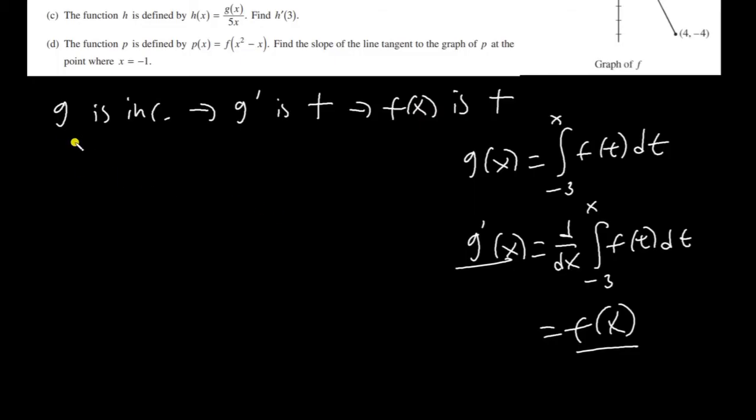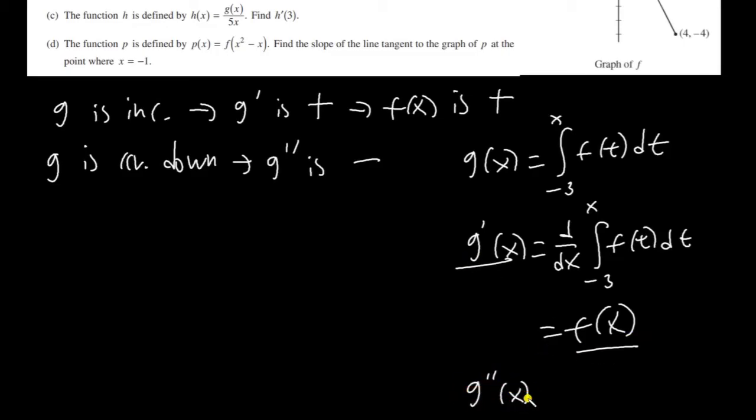We can go through a similar line of reasoning for when g is concave down. If g is concave down, that means its second derivative is negative, right? And since g prime of x equals f of x, I know that g double prime of x equals f prime of x.